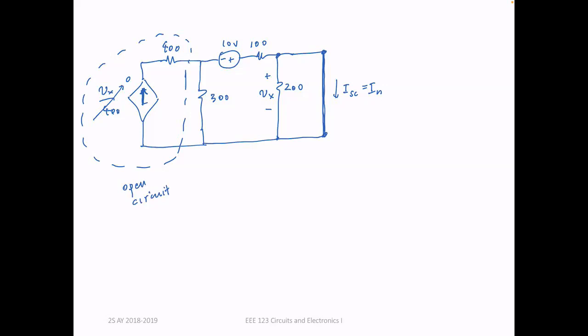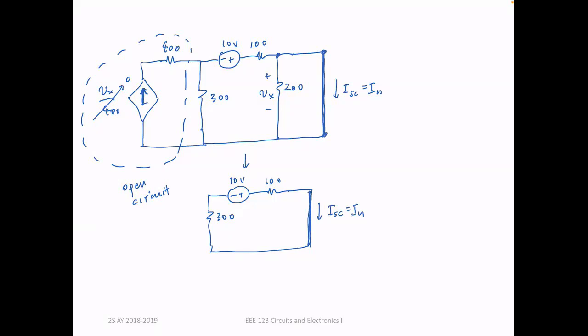So ang natitira na lang na circuit ko will be my 300, 10 volts, this is 100, and this is my short circuit, ISC, which is equal to IN.